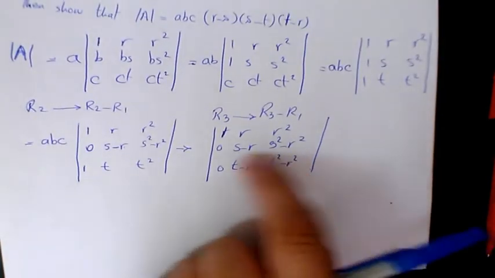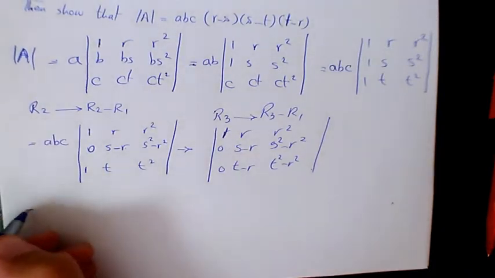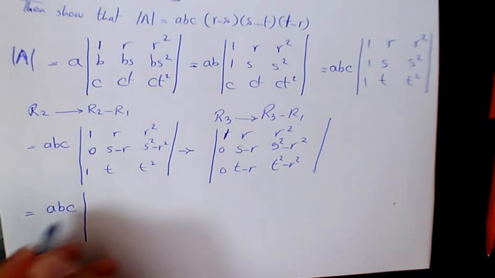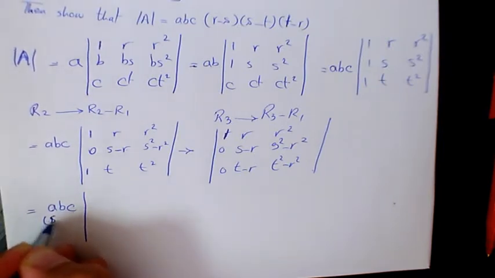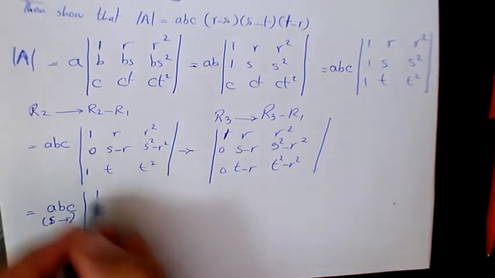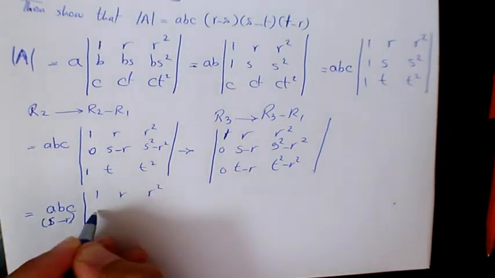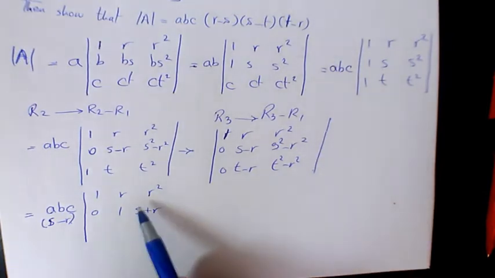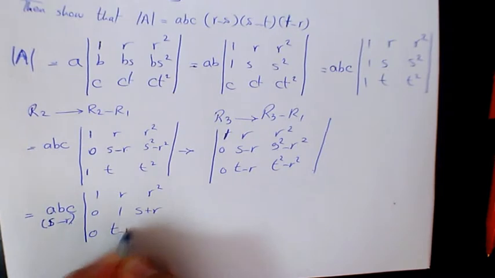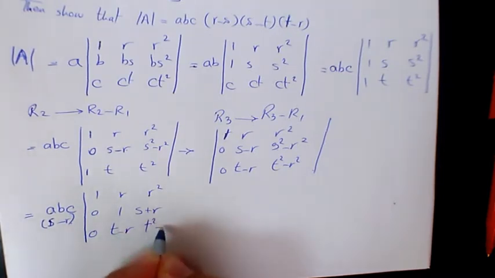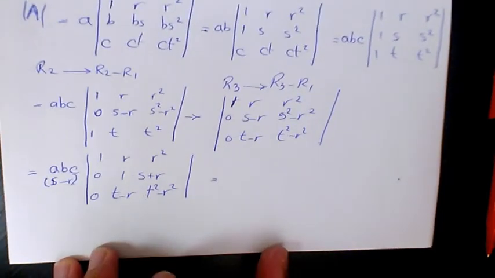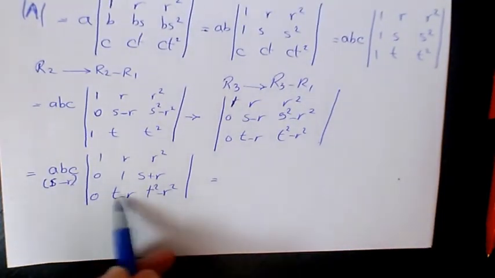Then you can factor S minus R from this row. Basically you multiply it by S minus R. So we have 1 R R squared, 0 1 S plus R, because S squared minus R squared divided by S minus R is S plus R. And we write the third row the same. Then I can factor T minus R as well.